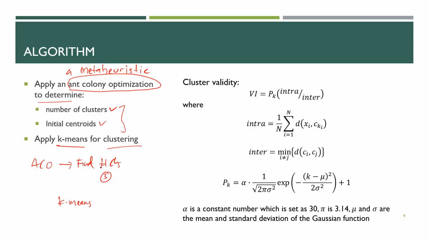So after that, okay, you use 3 clusters, and then for each cluster they give us the initial centroid. Then these two pieces of information, the number of clusters and the initial centroids, are given to k-means.